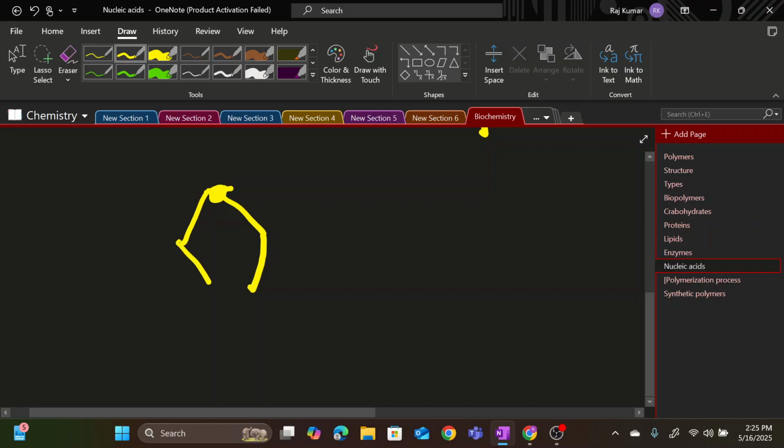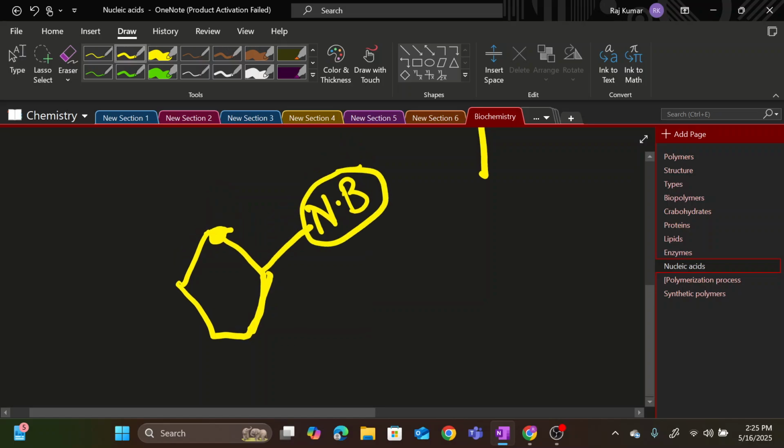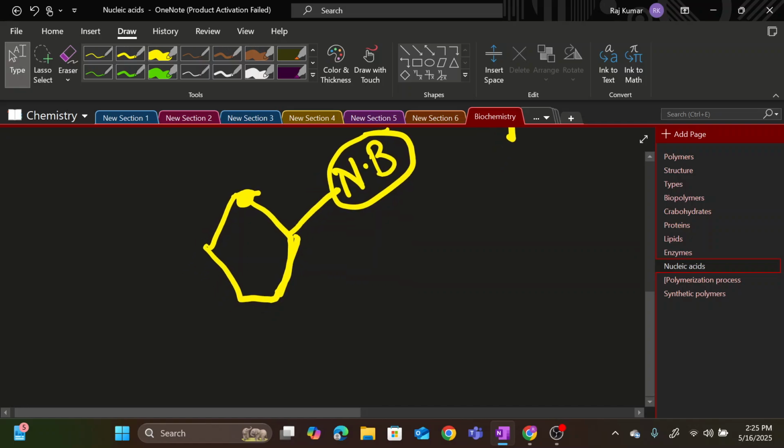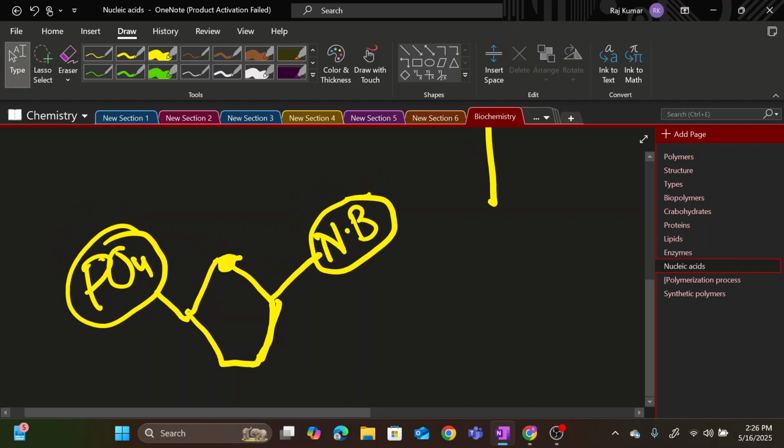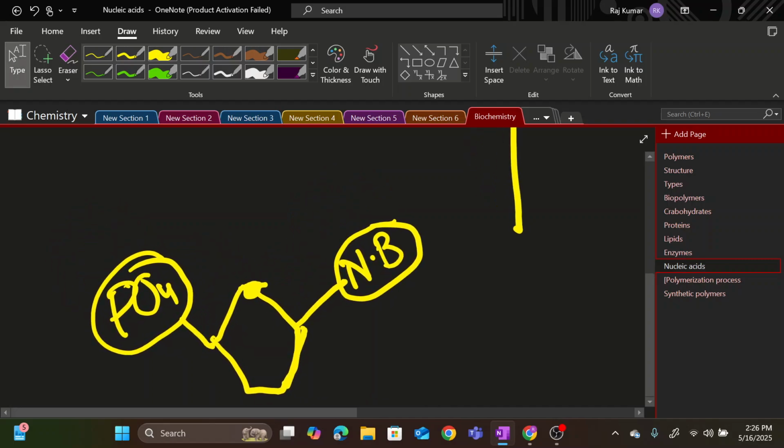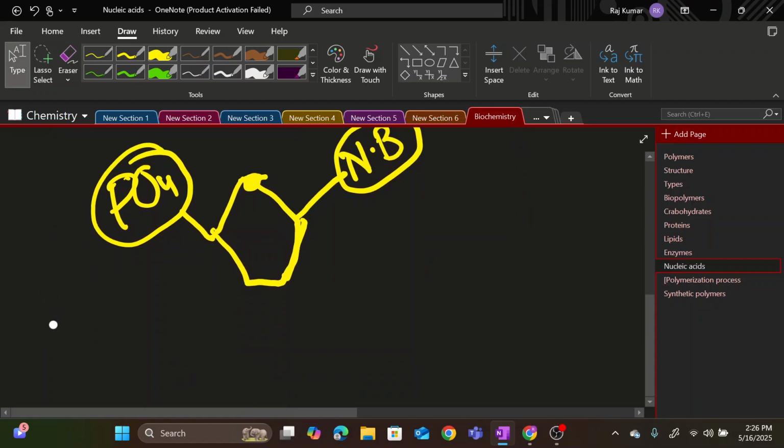The first carbon has a nitrogenous base attached to it, for both DNA as well as RNA. Nitrogenous base attached on the first carbon, and on the fifth carbon there is attachment of the phosphate group. This is the structure of a very basic nucleic acid.